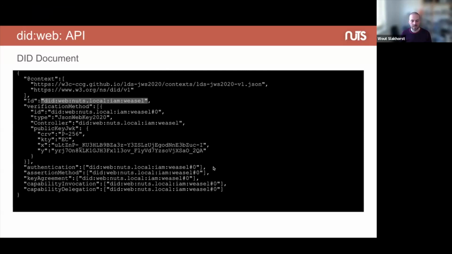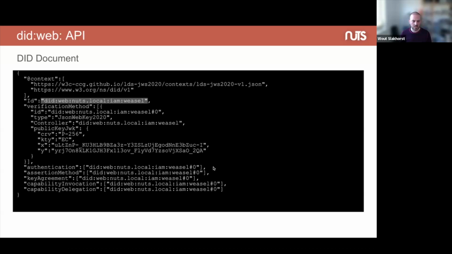The DID Nuts version has several key types in use, because one is used for changing the DID document, which is done in a transaction. The other one is used in getting the access token, and another one is used for encrypting private transactions. But because DID Web doesn't use transactions, we only need one type of key currently. There might be future use cases where we use multiple keys.